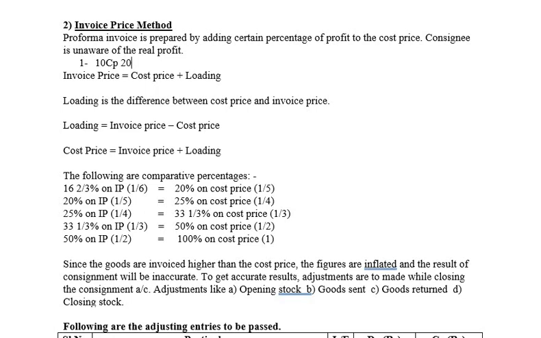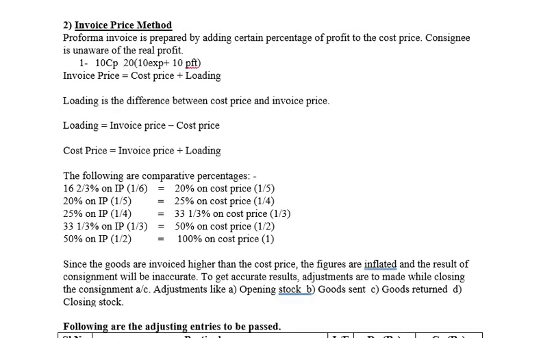He is adding that 10 rupees profit over here. That is, rupees 10 is the expenses, plus rupees 10 which is his profit. So altogether it will be 20.